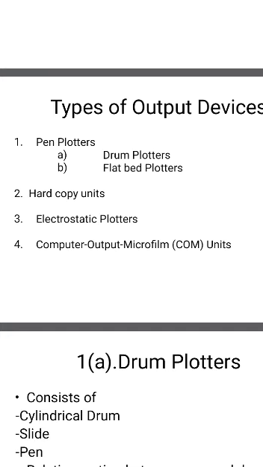The plotter may use several different pen colors, so we can use not only one color, but different colors to create the graphics. The size of the graphics is limited to the size of the flatbed plotter surface.